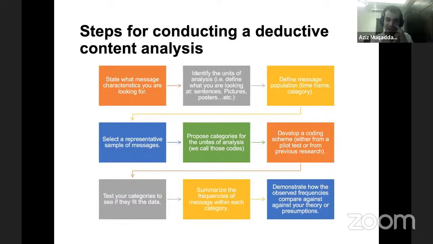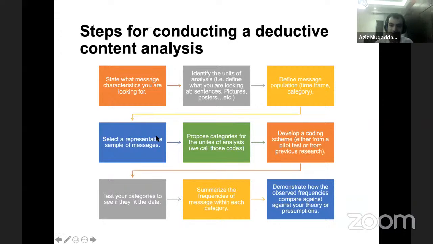Are you looking into the last 200 posts on Facebook, or posts from March 2020 to March 2021? You decide your time frame and any other selection criterion you have.